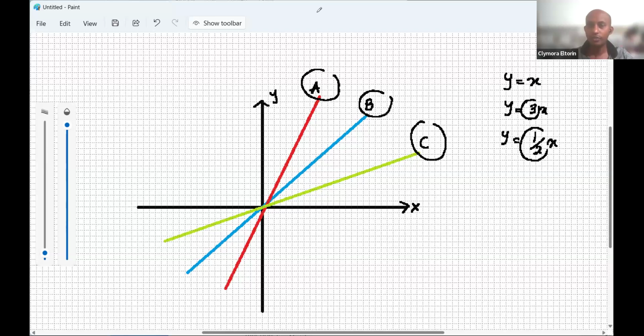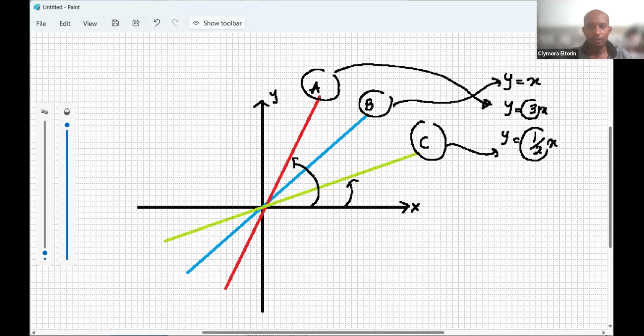The highest gradient is 3, so it makes more angle from the positive side of the x-axis. So this one should be A. What's the last one? The last one is half, so this one should be C, and the remaining one is here. These are the things we discussed in the last session.